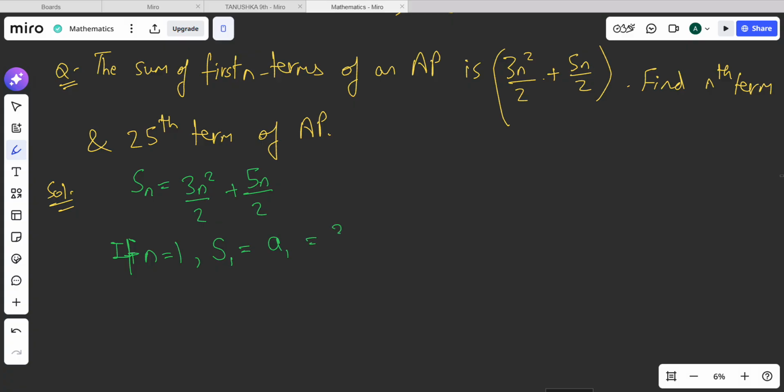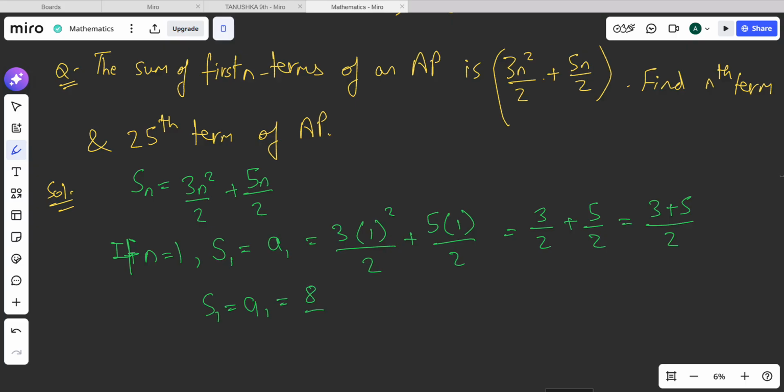So it will be 3 into 1 square upon 2 plus 5 into 1 upon 2, and this will be 3 by 2 plus 5 by 2, which gives you 3 plus 5 whole upon 2. So S1, which is equal to A1, is 8 by 2, that is 4.